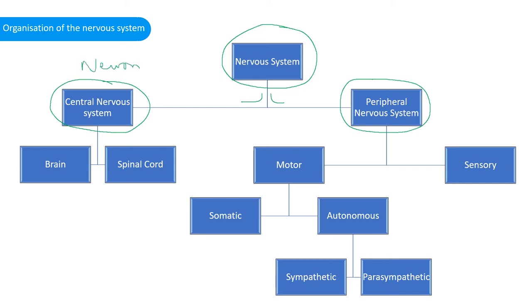So the neurons in the brain and the spinal cord make up the central nervous system. The neurons that make up everything else, dangling off it, is part of the peripheral nervous system. So if you see a nerve in the arm, it's part of the peripheral nervous system. If you see a nerve in the brain, it's part of the central nervous system. And we can see that it's separated here.